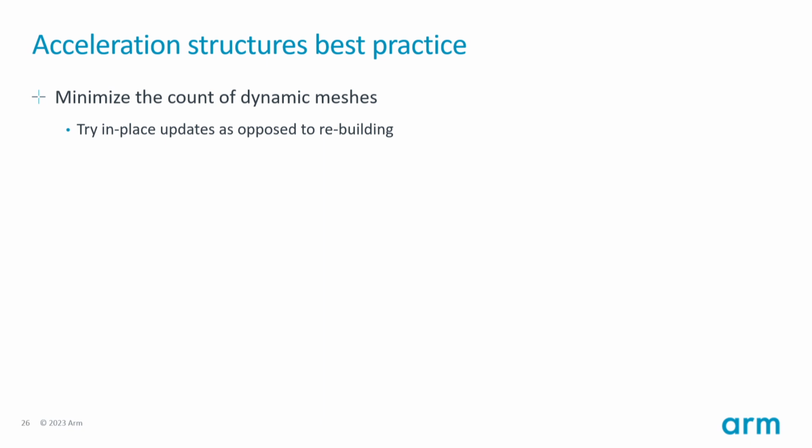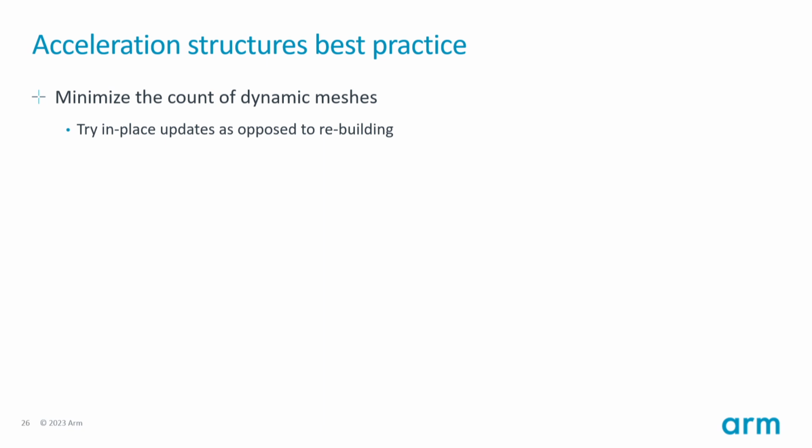Okay, so regarding acceleration structure, if possible, minimize the count of the dynamic meshes by reducing the number of dynamic elements in the scene. For animations, the API allows us to refit the top-level structure by updating it in place, which is faster, but it might affect the acceleration structure quality.